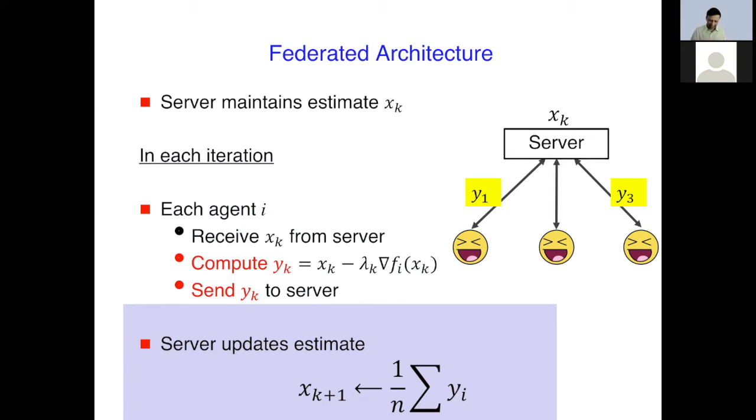You can imagine variations on the algorithm, but roughly this is the flavor of all the solutions: what the agents are sending to the server is not their function, and not their gradients. What they're sending are these updated values of the estimates back to the server. And then the server has to combine the estimates coming back from all the different agents.